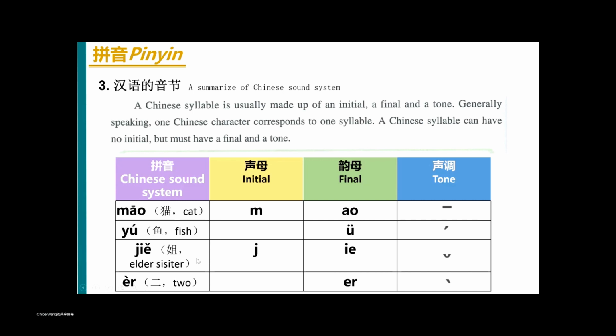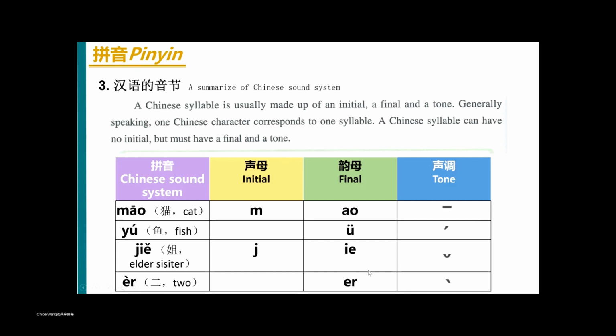So the third one is 姐, which means elder sister. The initial we are using here is j, the final is ie, together with the third tone, where the sound goes down and goes up, right?